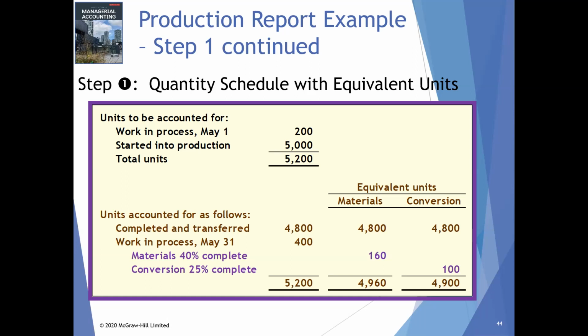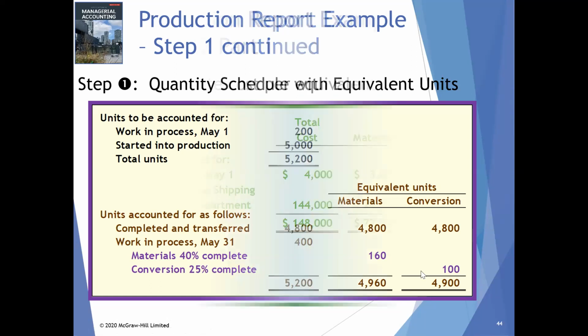But whatever we have completed, we are going to add as a unit. The percentage is also given here. So once we have added, we get 4,960 and 4,900 for the conversion, and then the equivalent cost per unit will be calculated. What will the unit cost be?